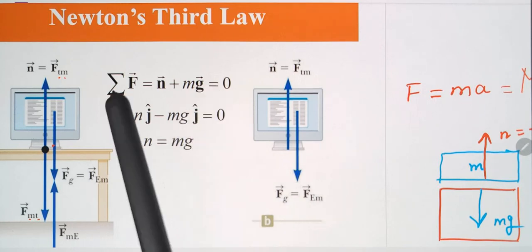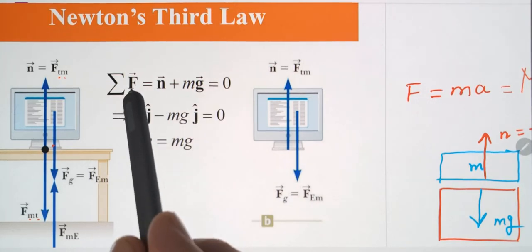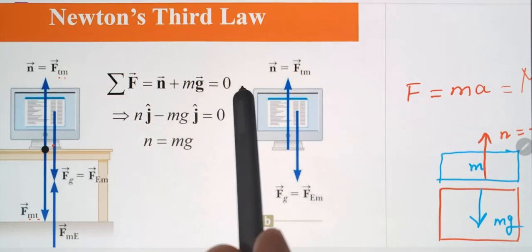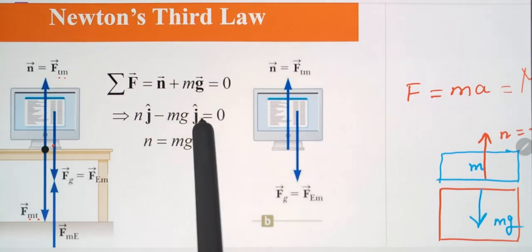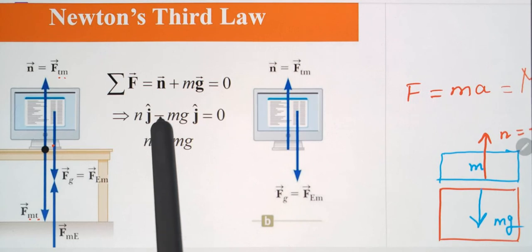Okay, let me remind you, when we say the summation of forces equals 0, that means the summation of forces in the x-axis must equal 0 and the summation of forces in the y-axis must equal 0. So we write the components and now the minus sign appears.